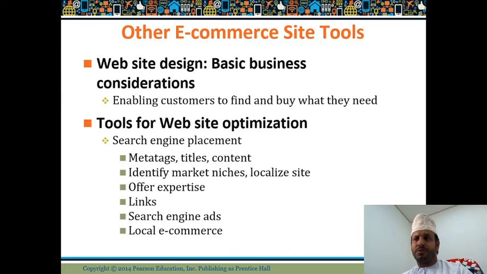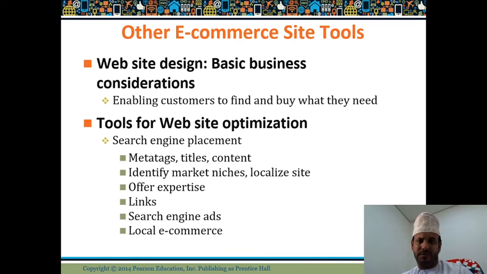Tools of website optimization: search engine placement, of course, where you are going to place your site in the search engine. Meta tags, title, content. What is a meta tag? Meta tags are the tags or terms or words through which we find the page.